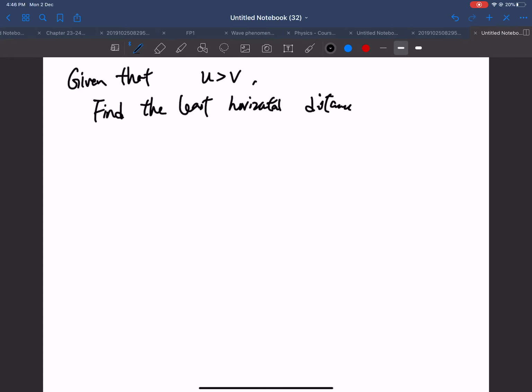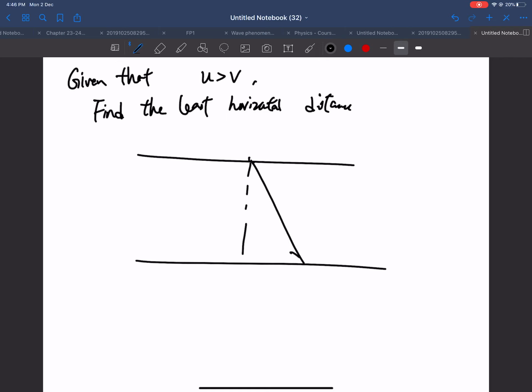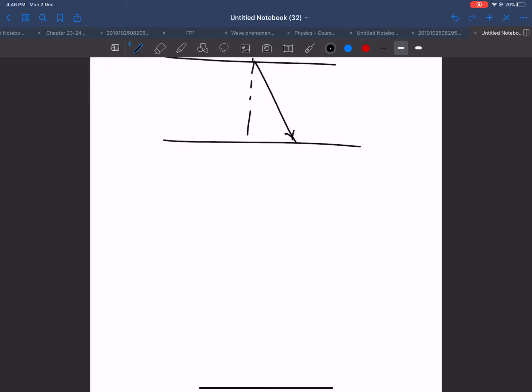When you go to the other side, it will probably go in this direction. This one is very, very difficult.